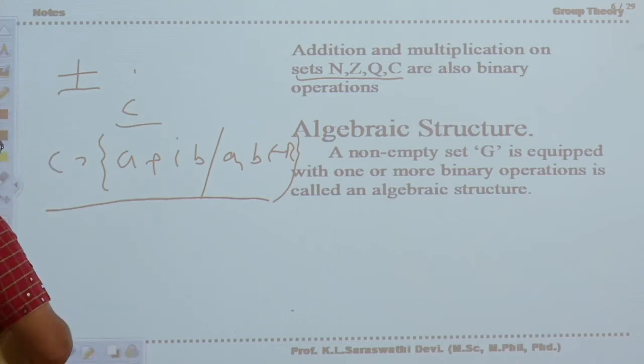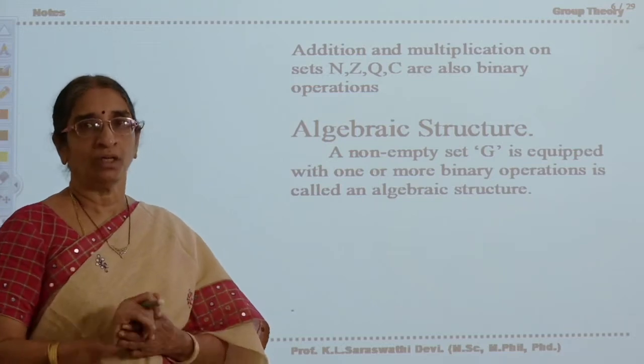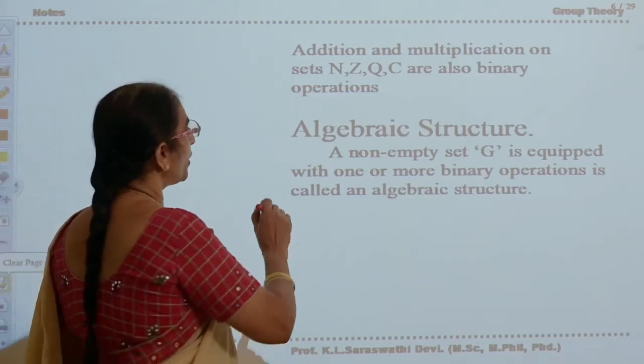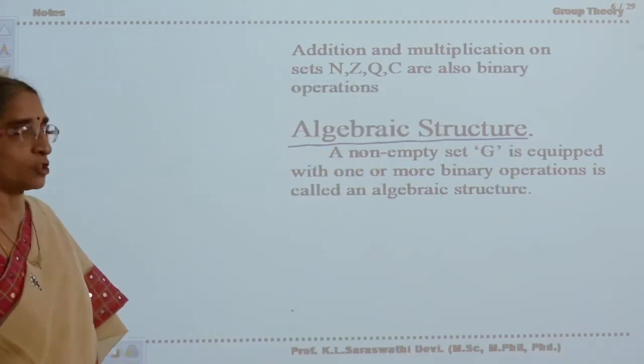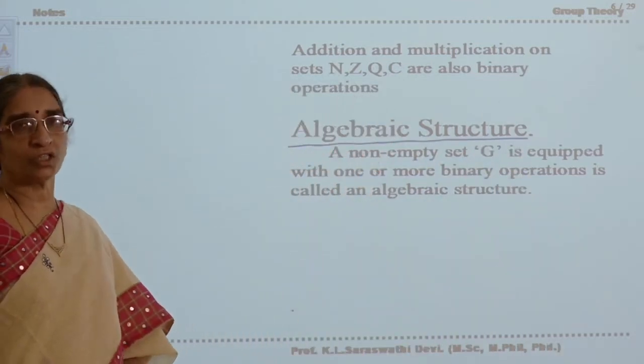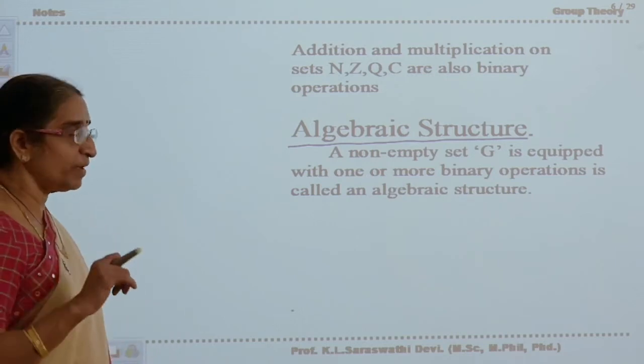Okay. Now after this you are able to see binary operation. Now see an algebraic structure. What do you mean by algebraic structure? It is a non-empty set. What do you mean by set?